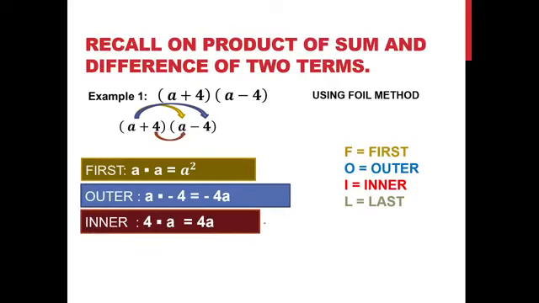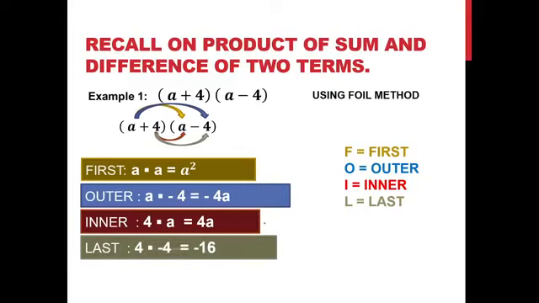Inner terms, 4 times a, that's 4a. And the last terms, 4 times negative 4, that's negative 16. And take note, the outer and the inner term is 0. Negative 4a and positive 4a is 0. Therefore, you are left with a squared minus 16. And this is the product.